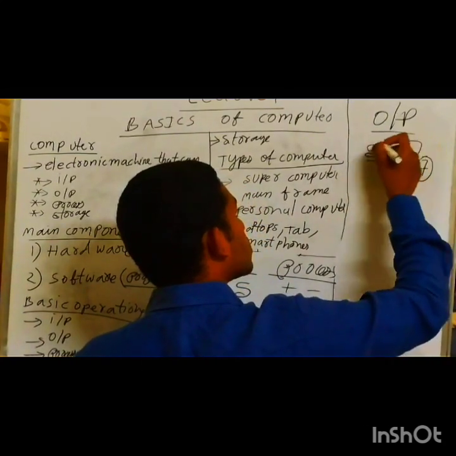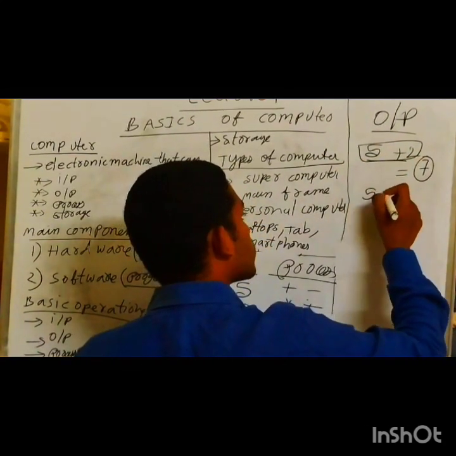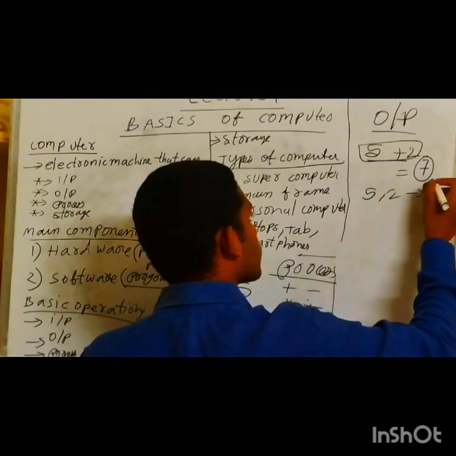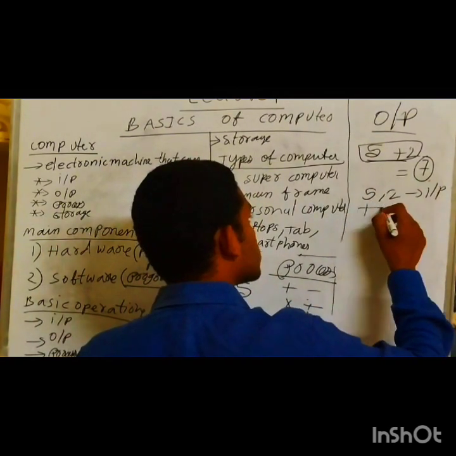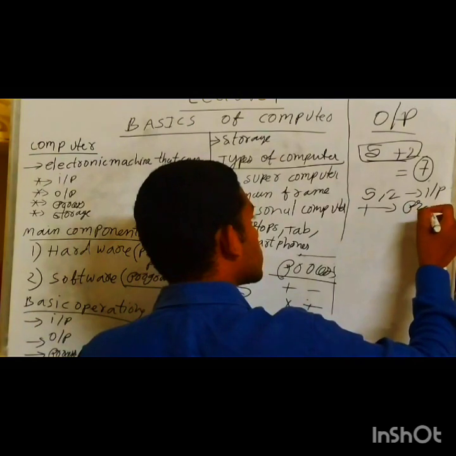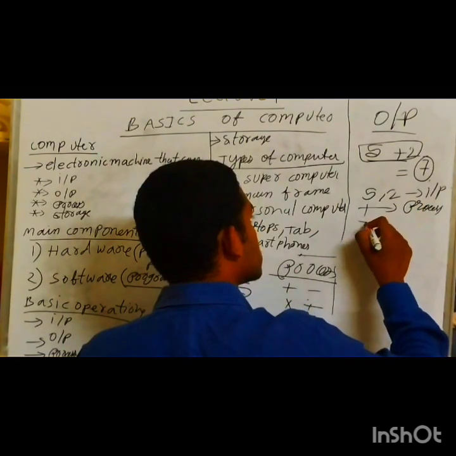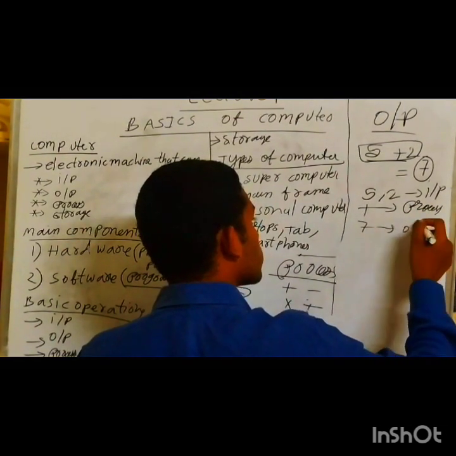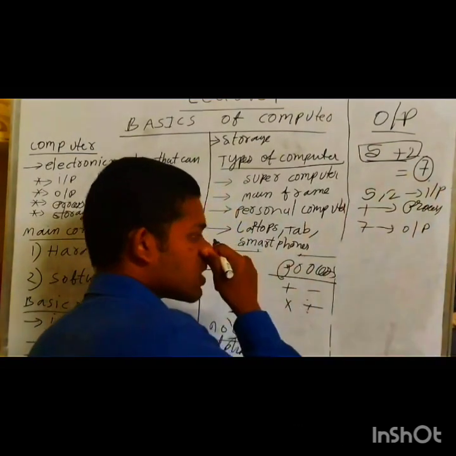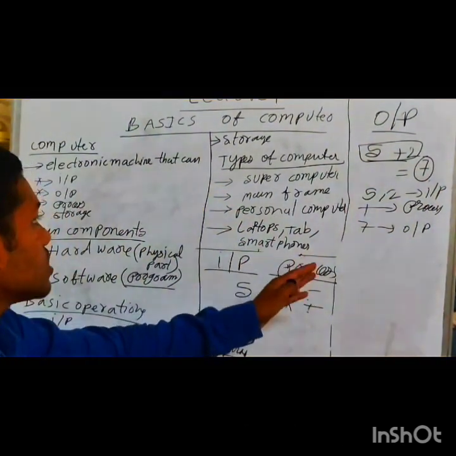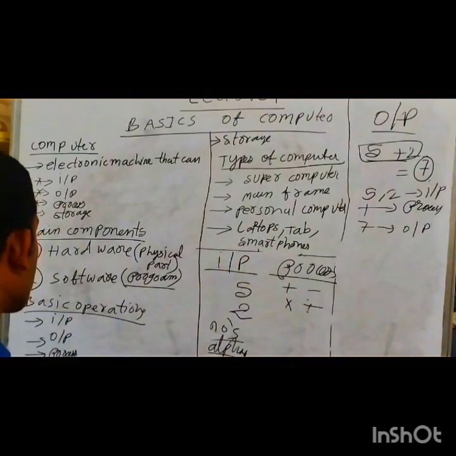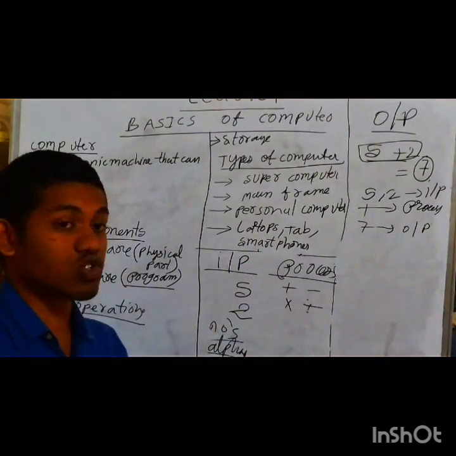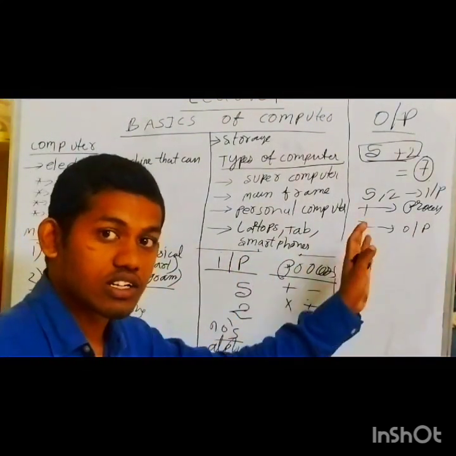So 5, 2 is nothing but input, plus is a process, and 7 is an output. What is storage? When coming to storage, we will store the values here.